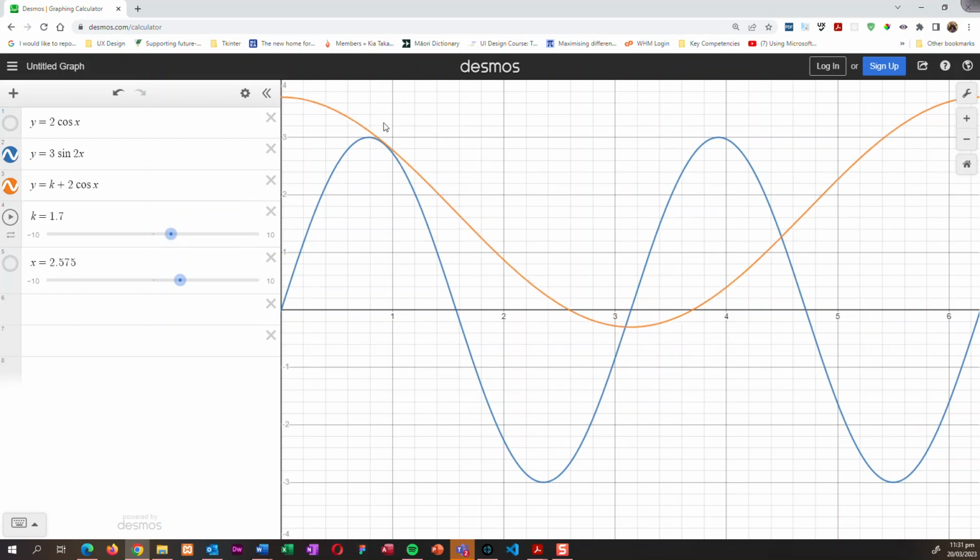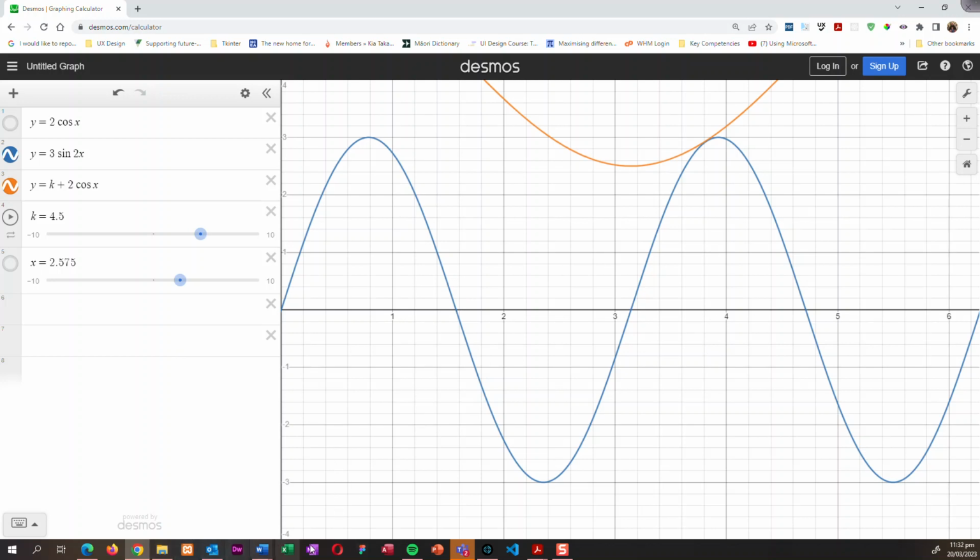Now, we got this from question A. We got the point of intersection there, and the other point of intersection we also know is this one here. We actually know that as well from A. So let's have a look at that and then consider the k values.